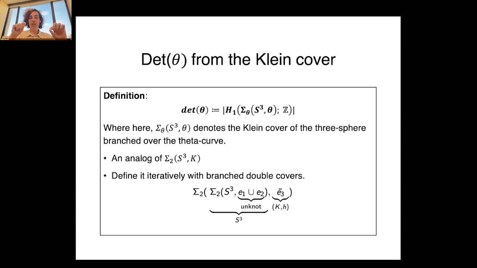So that edge, E3, lifts to edge 3 tilde, which is really a knot. And it is a knot on which the covering involution acts. So we can call that knot K, H, where H is the covering involution. Now you have a knot sitting in, well, if it's a simple theta curve, S3. If it's not simple, it's some other 3 manifold. But you can branch double cover that knot in that 3 manifold. And when you do it a second time, then you get to the Klein cover.